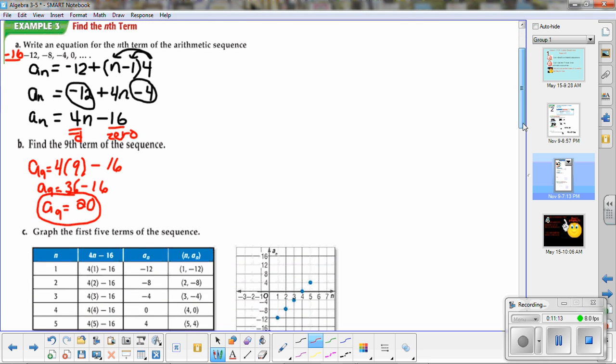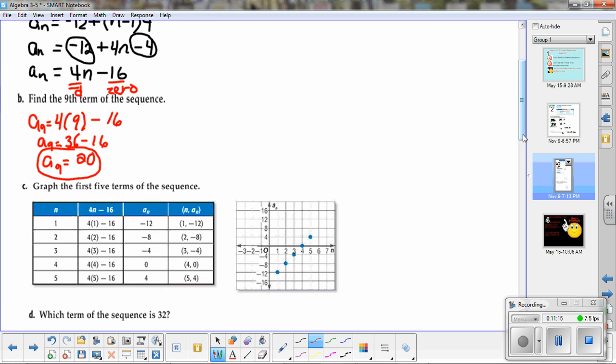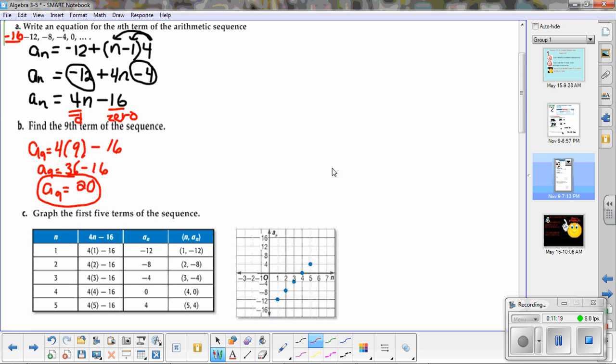Now the next example I already have worked out for you. It says to graph the first 5 terms of the sequence. Well, the first term we already knew was -12. The second one was -8. The third one was -4. The fourth one was 0. And the fifth one, if we were to keep going or plugging it into this formula, 4 times 5 is 20, and 20 take away 16 is 4.